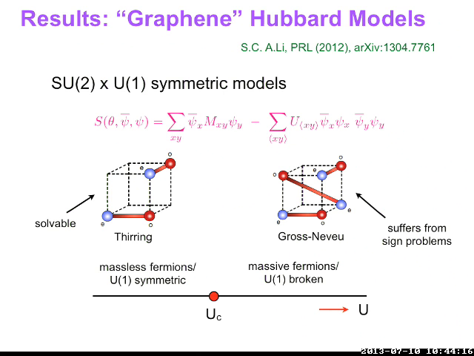There are past calculations for this model, so I will compare some of the results with those. In this case the problem suffers from a sign problem, so people have not done it. They have been able to do it with some kind of doubling so that you can cancel the sign. There is one work where people did this calculation by just ignoring the sign problem, which we believe got the wrong results. I will mention that.